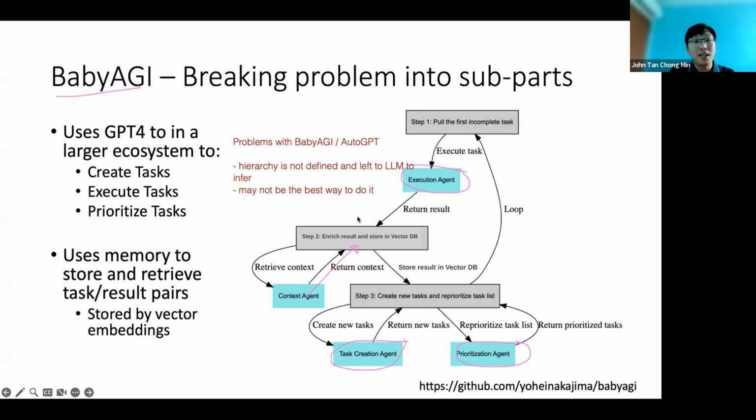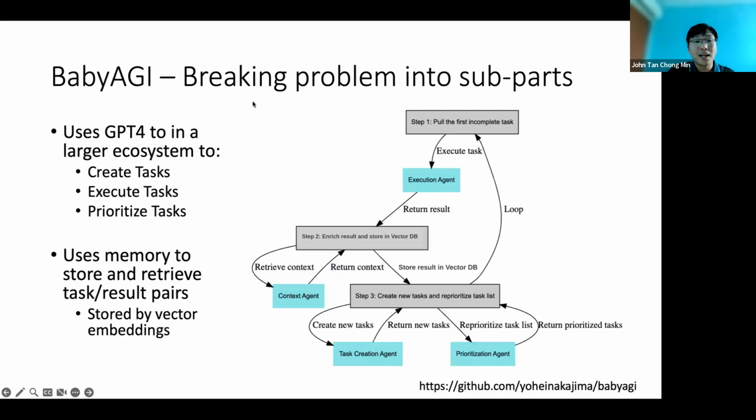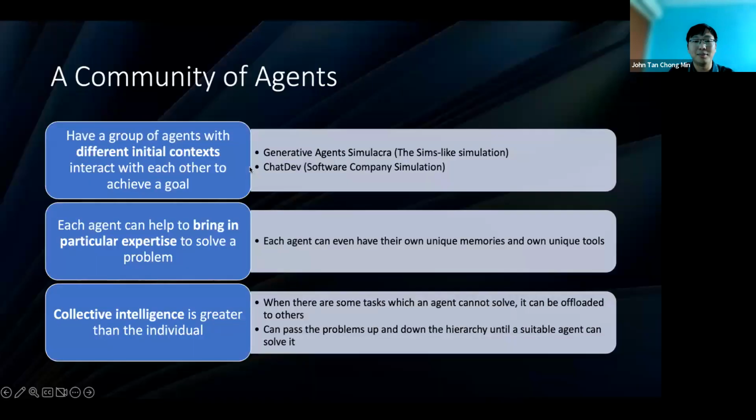And maybe that's the way to make it better. Stuff like asking LLMs to think of their own goals may not be the best way to do it. So this hierarchy needs to be more clearly defined and implemented in the system for it to work better.